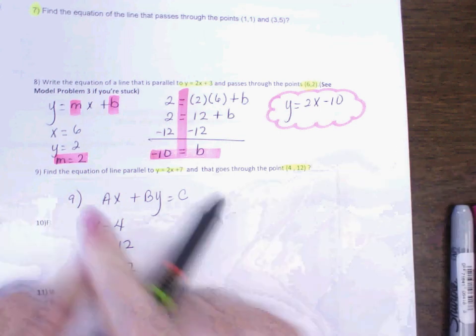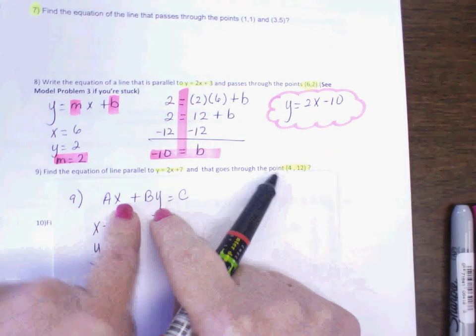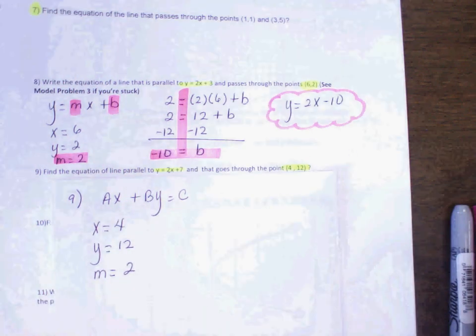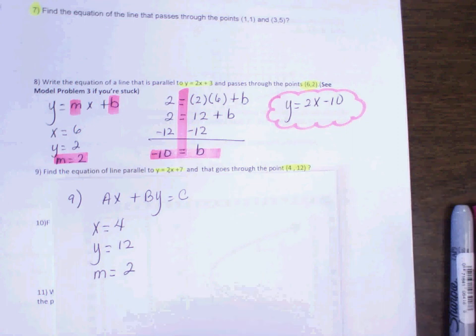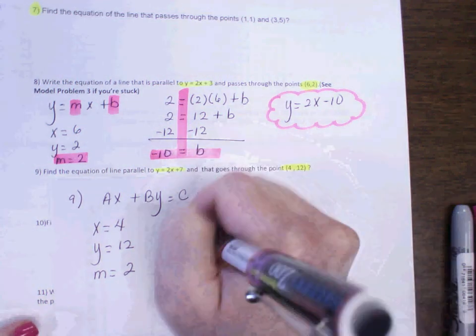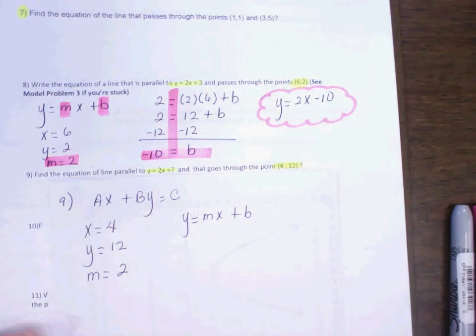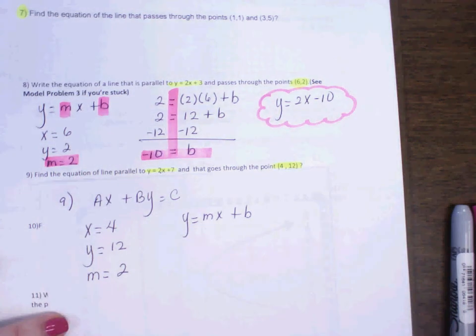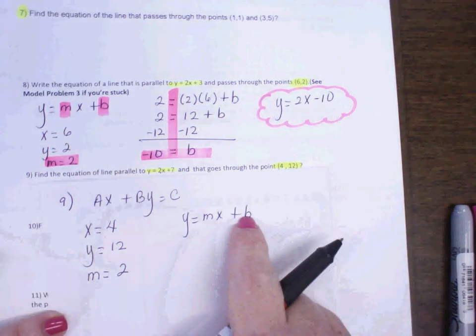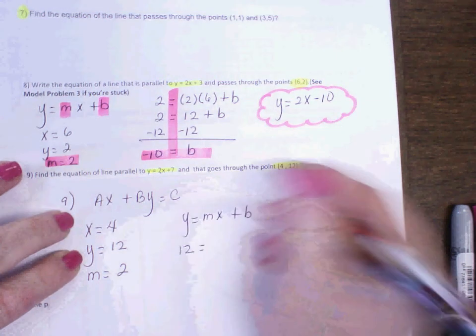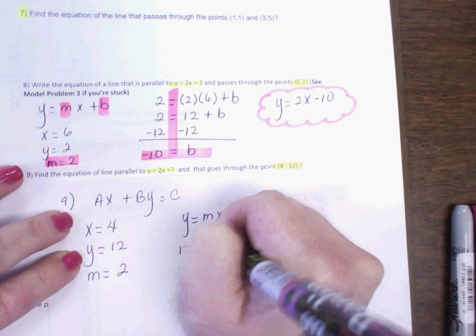So the most common error is coming over here and plugging in. But then if you plug in the x and the y, what do you do for a, b, or c? You don't have a clue, right? So the only one that you can go to is mommy equation, which is slope-intercept form. What is your y? 12. What is your m? 2.